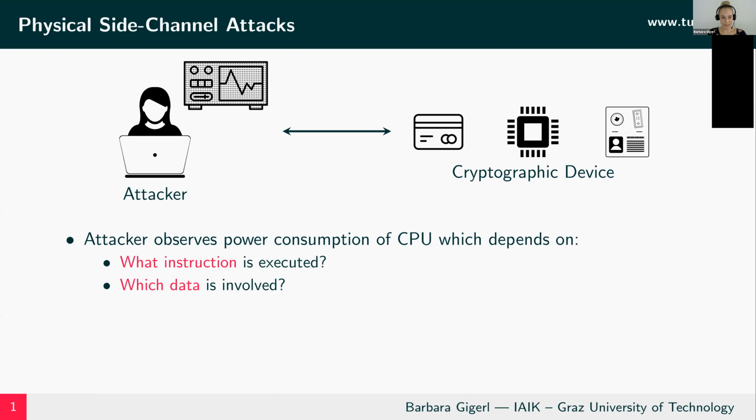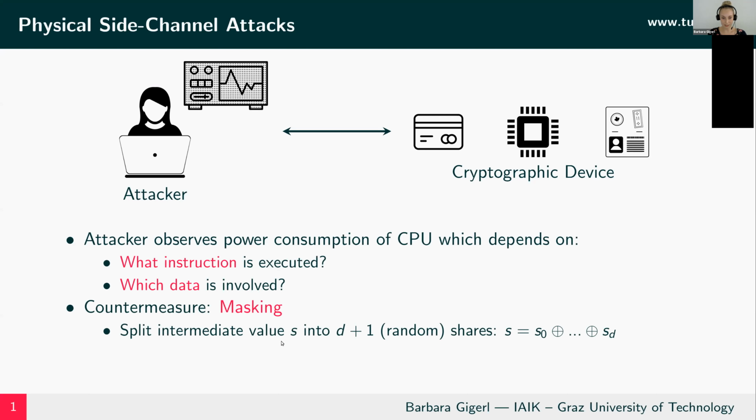To prevent such attacks, we can apply the masking countermeasure, which basically splits any intermediate value S into multiple random shares. The attacker now has to observe all shares to be able to deduce some information about the native value.